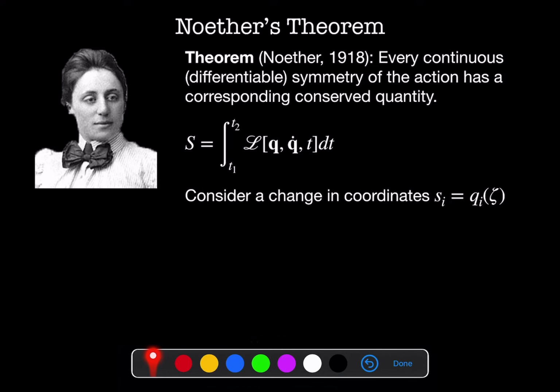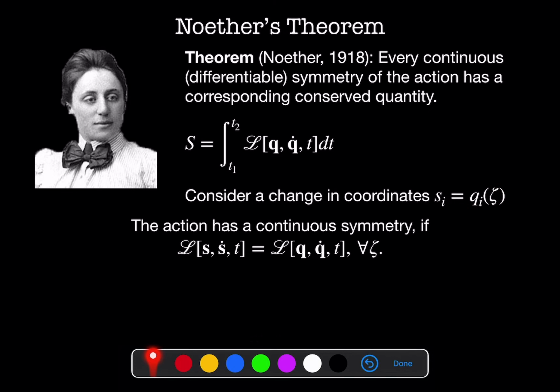So we have s_i, which are a function of zeta for each of the q_i's. Then the action has a continuous symmetry if the Lagrangian at s, s dot, and t is equal to the Lagrangian at q, q dot, and t for all values of zeta. This is our definition of a continuous symmetry.